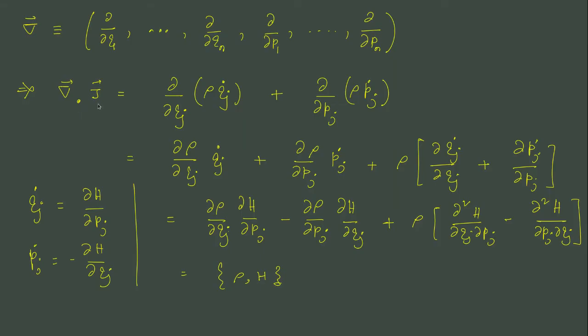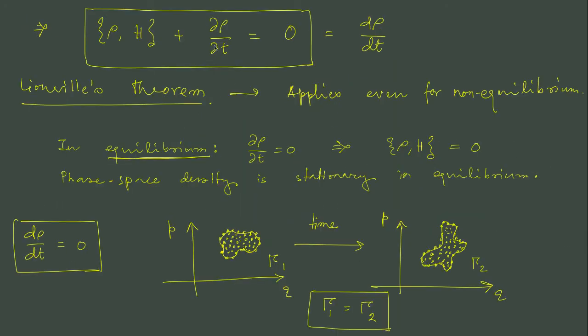So we see the divergence of J, being the density multiplied by the generalized velocity vector qj dots and pj dots, gives us, for a phase space where Hamilton's equations hold, the Poisson bracket between rho and H. So our continuity equation now takes the form that del rho del t plus the Poisson bracket of rho and H, their sum, is 0.